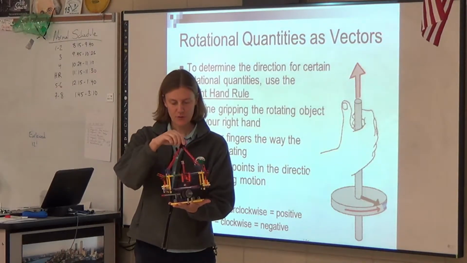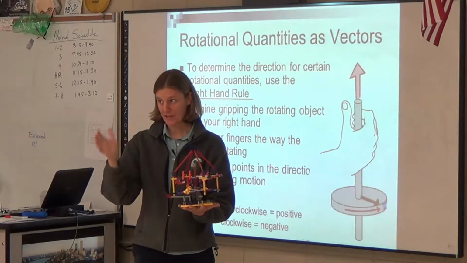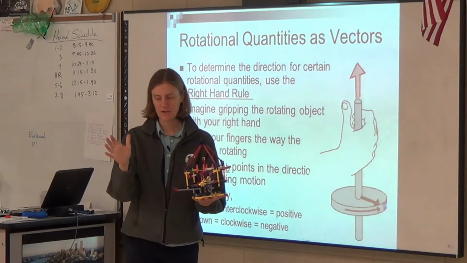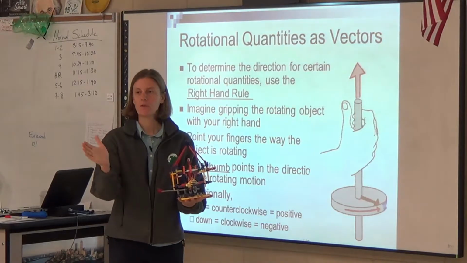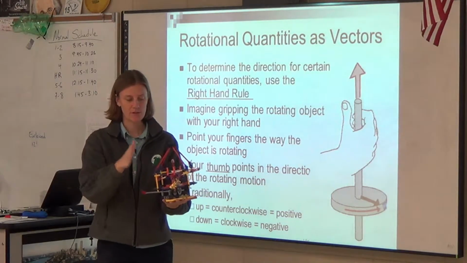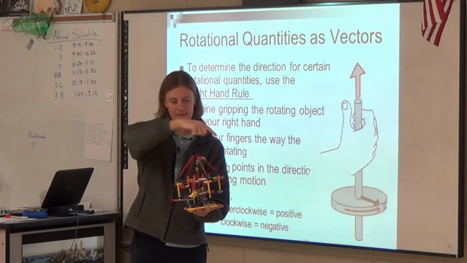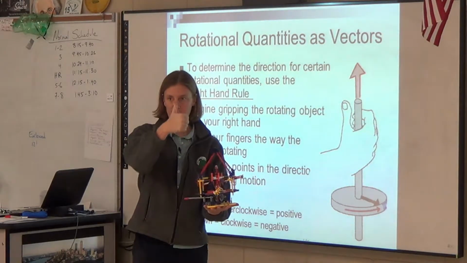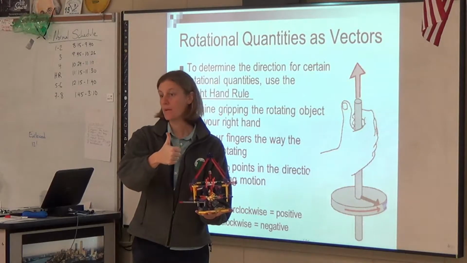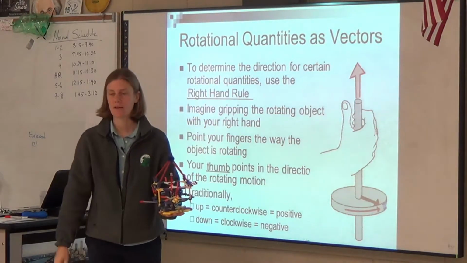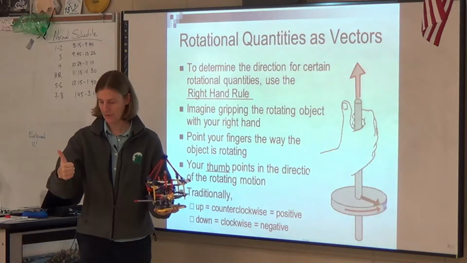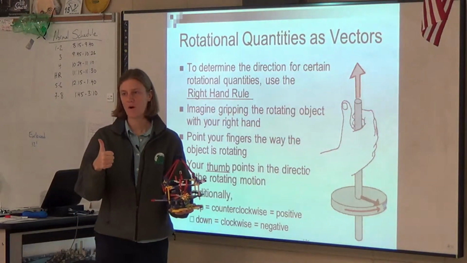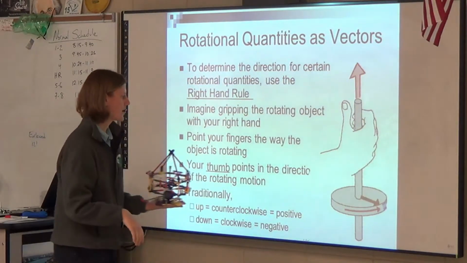So if you have an object that's rotating, you take your right hand, and it does have to be your right hand, or if you're left-handed, switch your answer. And you curl your fingers the way the object is curling, or moving, basically. So if this is rotating like this, I'm going to curl my right hand, and I would say the angular velocity is up. Then anyone else can take their right hand and say, okay, thumb's got to be up. Look at my fingers. Oh, it must be spinning like this. So it's one direction that does describe how your object is moving.